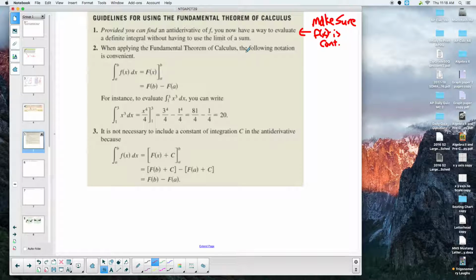Secondly, you'll find your antiderivative, and then we'll plug in our b, the upper limit, to our antiderivative, and we'll plug in our lower limit.